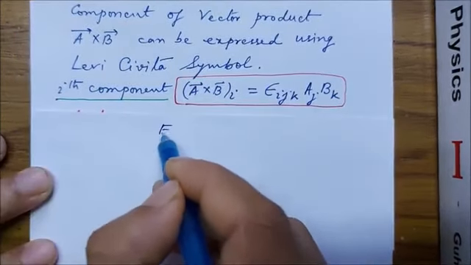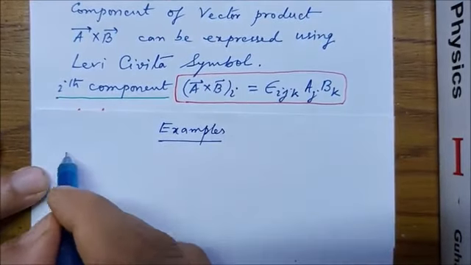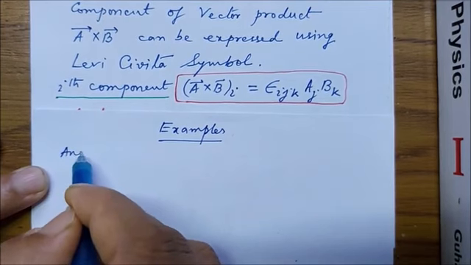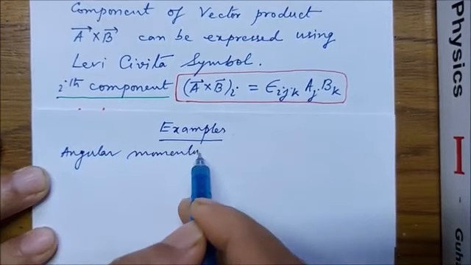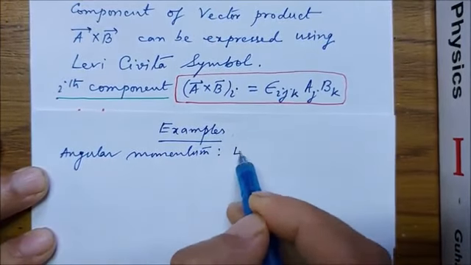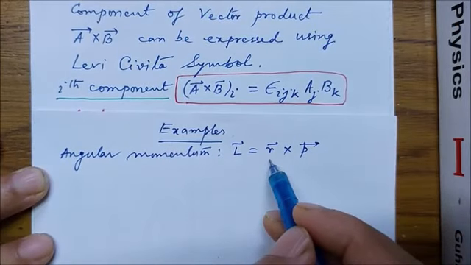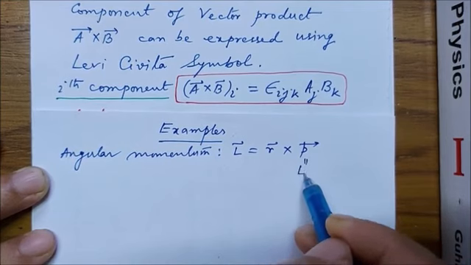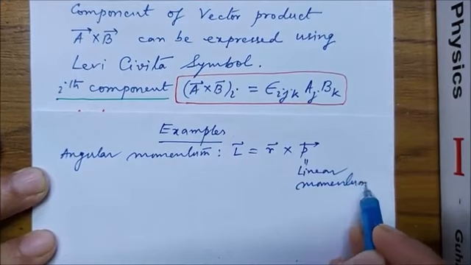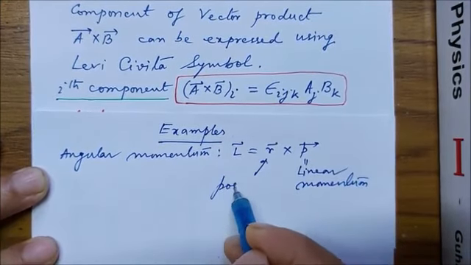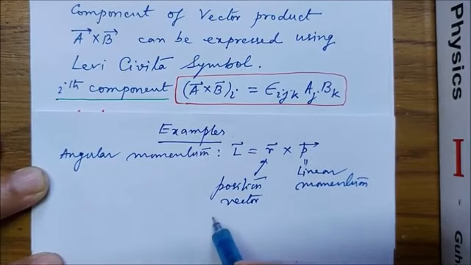Let us now consider some examples of this formula. The angular momentum vector L is r cross p, where r is the position vector and p is the linear momentum, or r is also called the radius vector.